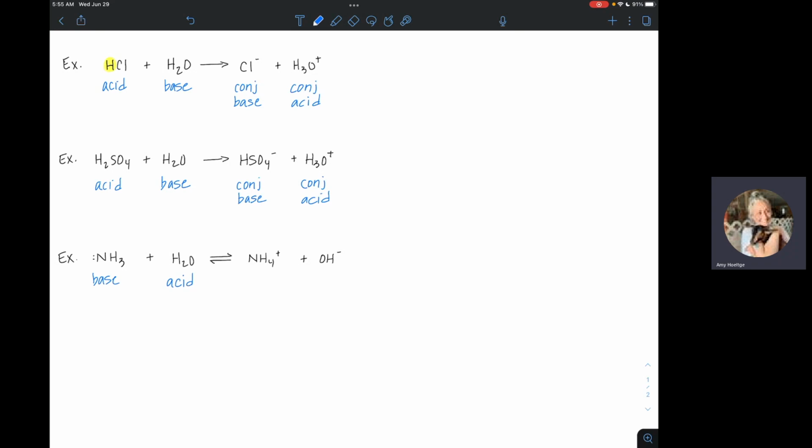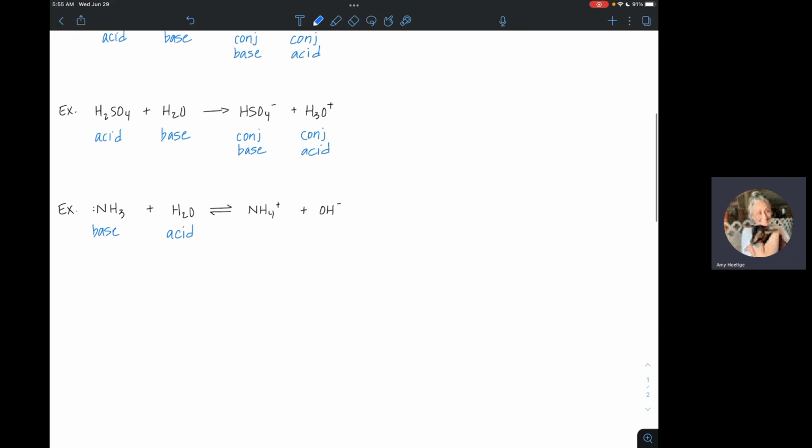You might be wondering, how do you know when water can behave as an acid or a base? Well, you can pretty much mix any molecules together, and one can be the acid and the other can be the base, right? It's all a matter of a measure of their pKa, like how acidic are they.